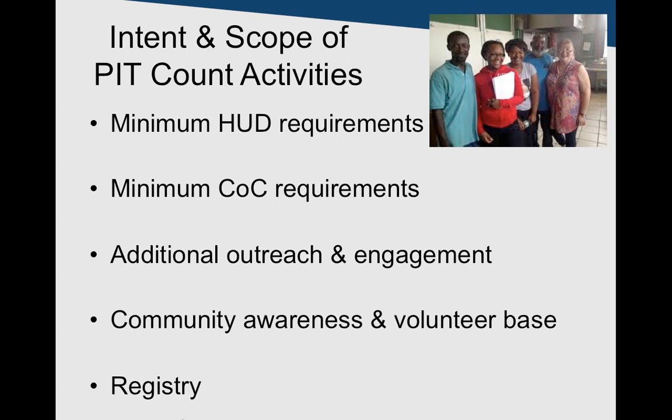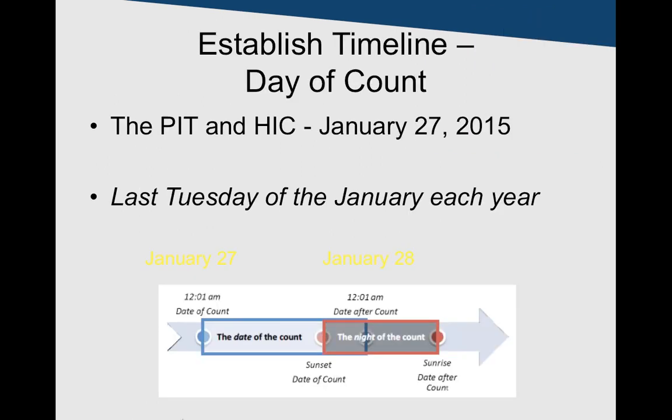That includes identifying each person by name, completing a vulnerability index or similar assessment to identify needs, etc. Do you want to offer an activity such as a Project Homeless Connect or Veterans Stand Down in collaboration with your count to link persons experiencing homelessness with mainstream and community resources? And lastly, do you want to use the count to promote community awareness of homelessness and/or build your volunteer base?